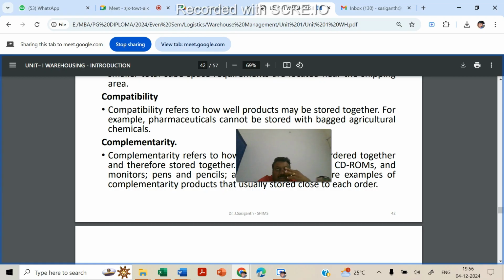You cannot store a monitor in one place and the CD and your hard disk in another warehouse. Not at all needed. You can store all this in one particular place, so when a person orders a peripheral of a system, one or two items, they are nearby. So when it is getting ordered, you can easily go for order picking. It will be very easy.